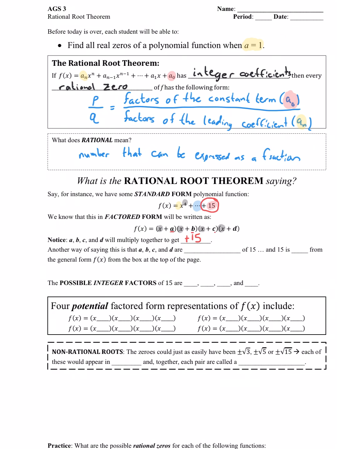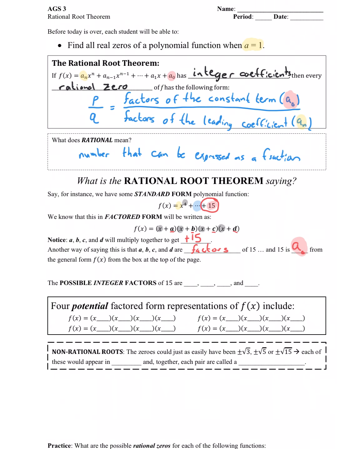Another way of saying that is that a, b, c, and d are factors of 15. And 15 is the constant term, A sub naught, from the general form at the top of the page.